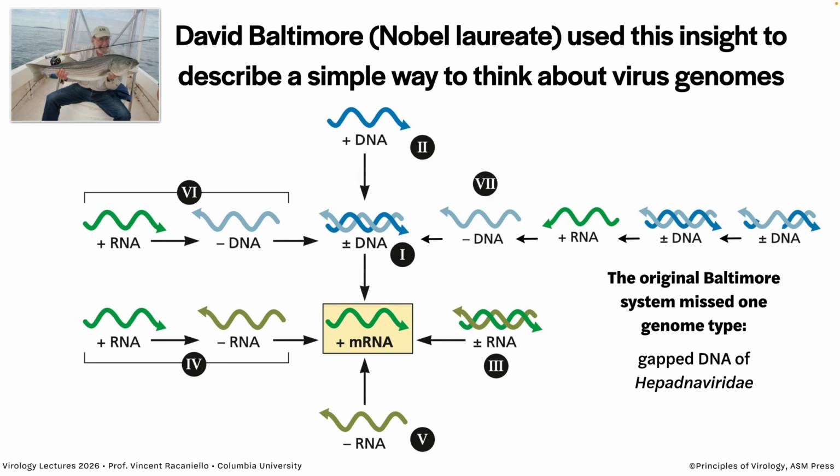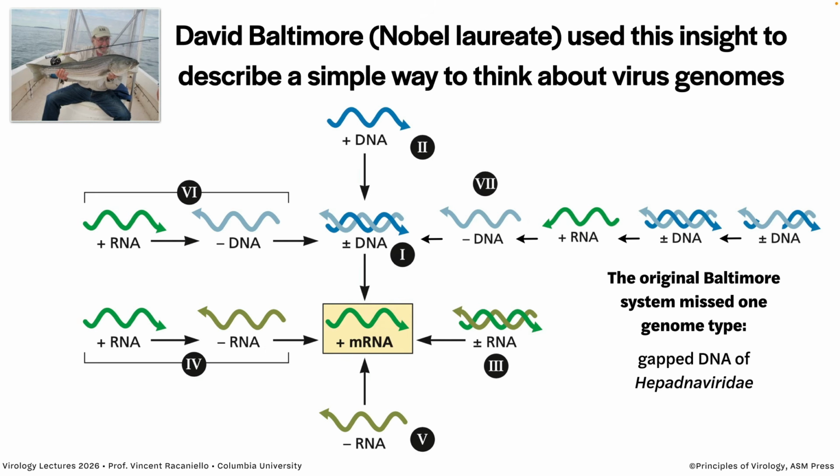So this is a scheme developed in the 1960s by David Baltimore, who's shown up here at the upper left. We're going to come back to him later because besides him doing this, he also co-discovered the very important enzyme reverse transcriptase. But he used this insight that every virus has to make mRNA to organize the 7 viral genomes. And this is the scheme he made. He put mRNA in the middle.